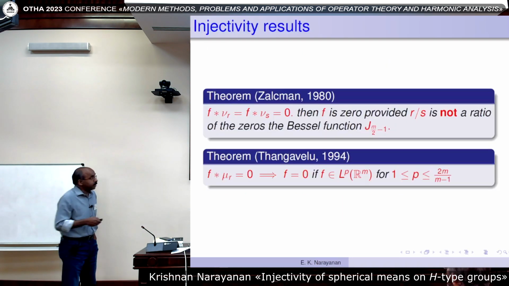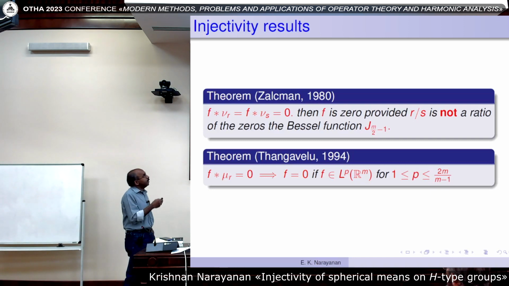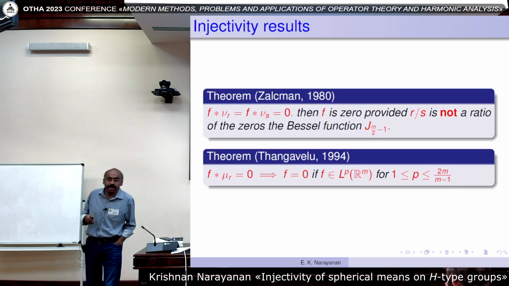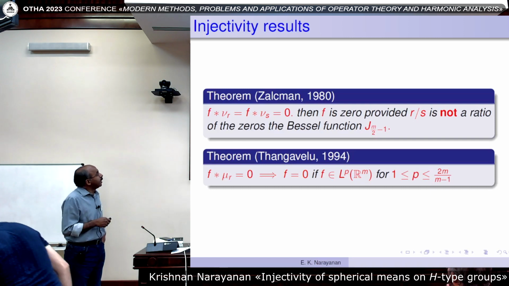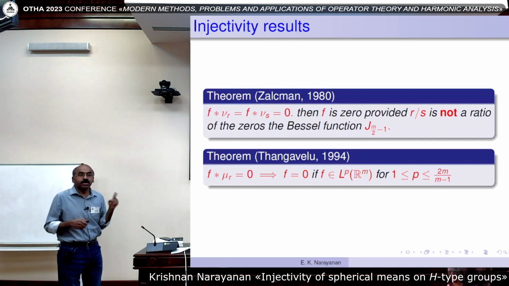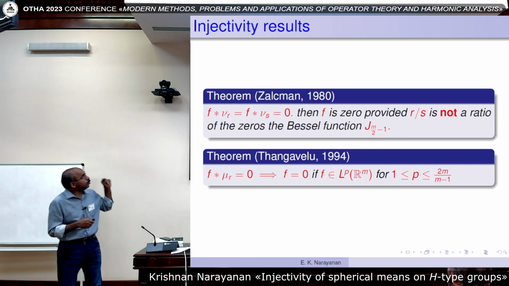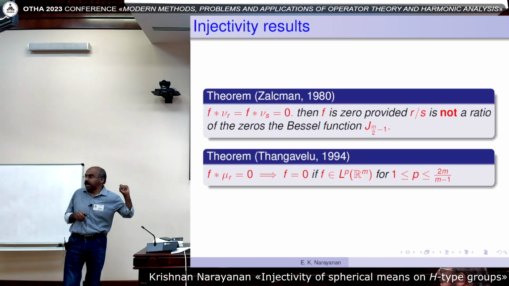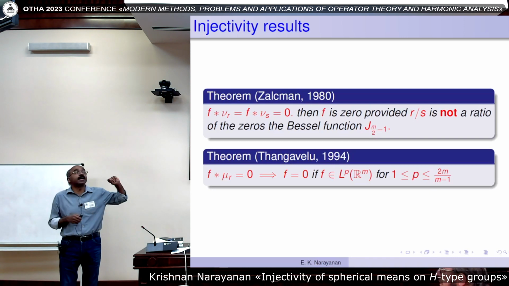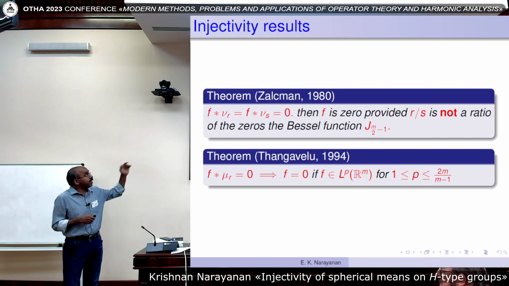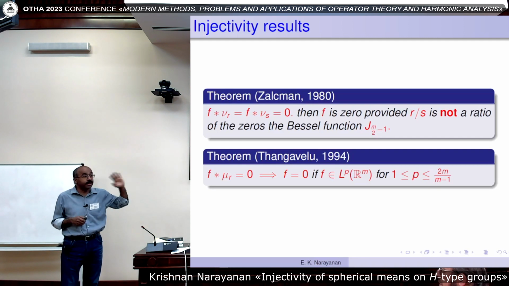Let's look at a general result due to Zalcman, from 1980. If I take two averages instead of a single average, so you have nu_r and nu_s, and suppose the convolution is identically 0. Here the function f can be any continuous function, it does not have to be in L^p, there is no decay.